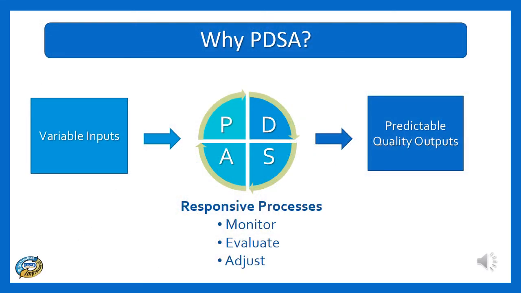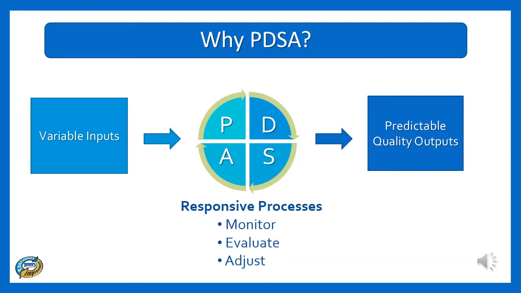So, why should we use PDSA in education? It was originally developed as a way to improve manufacturing processes, so how could it possibly help us? Our school system has inputs, which are the students who walk through our doors, and outputs, which are the measures of how well our graduates are prepared for college and career. Unlike most manufacturing industries, we do not have much control over the inputs to our system.